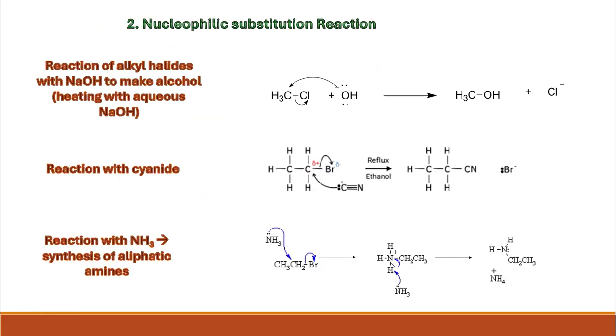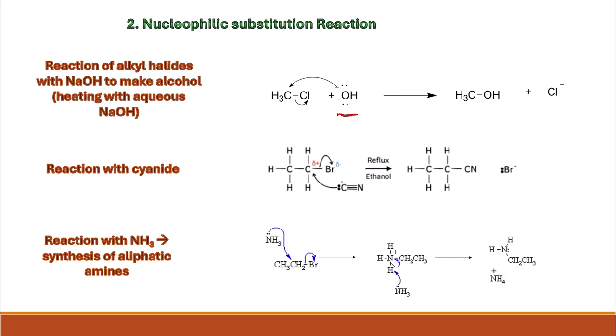Nucleophilic substitution reactions all have the same mechanism. You just need to think about how the electrons are going to move and the curly arrow. This is for alkyl halides or halogenoalkanes when they react with a nucleophile. So nucleophilic substitution reactions are the reaction of alkyl halides with nucleophiles.